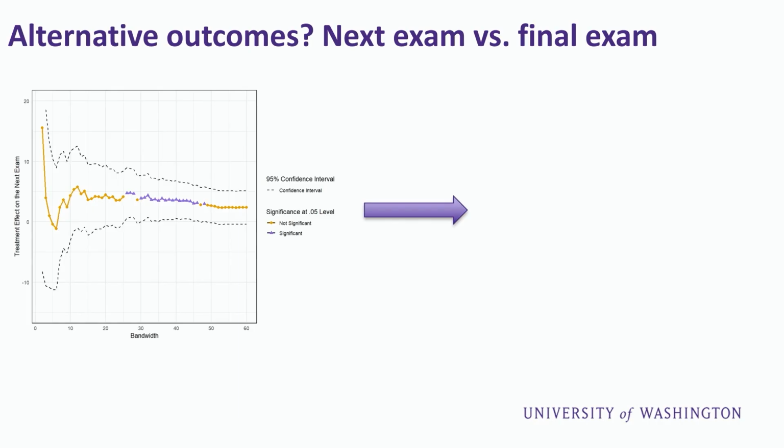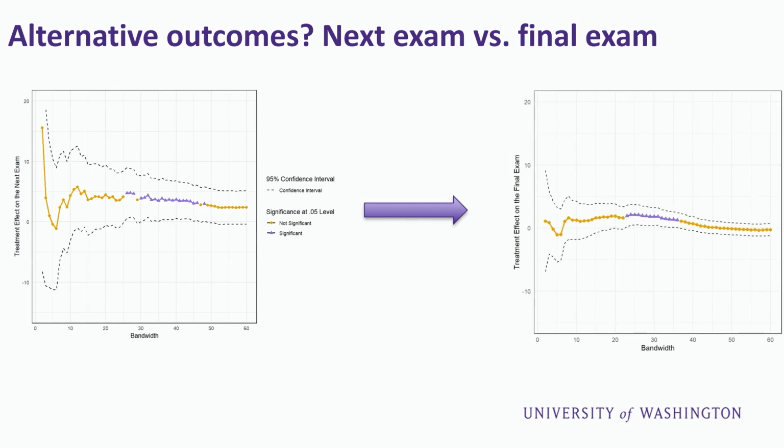That's the next exam. And we can run exactly the same process for the final score. And you can possibly see that we also get some positive effect for the final exam, but the effect size of the intervention on the final exam is getting lower and lower, because it's like 2 months away from the intervention.